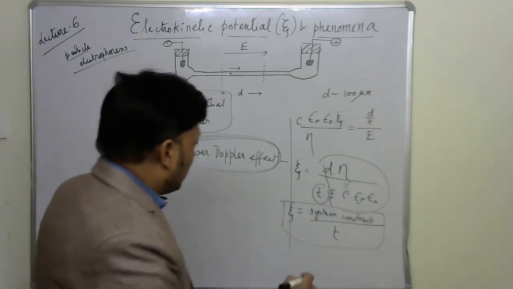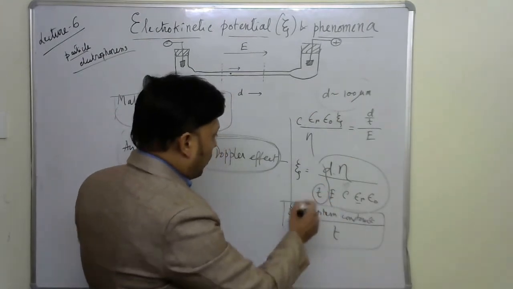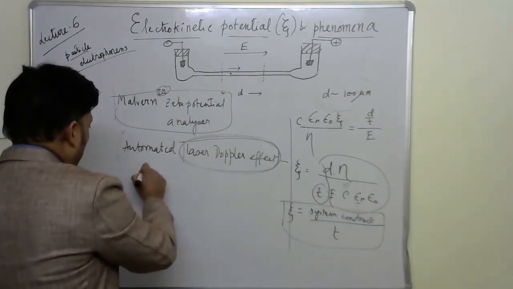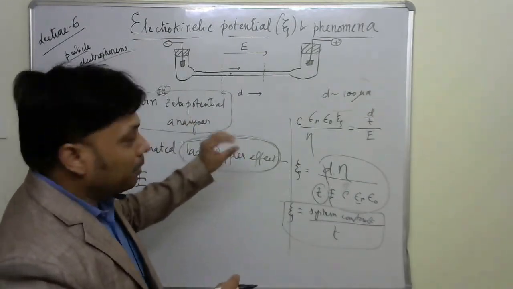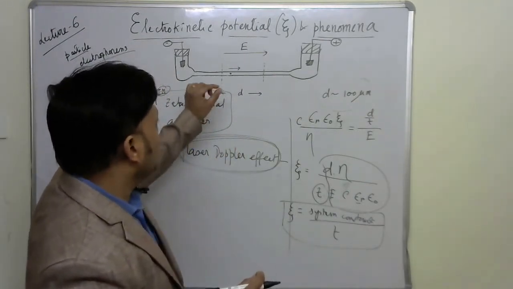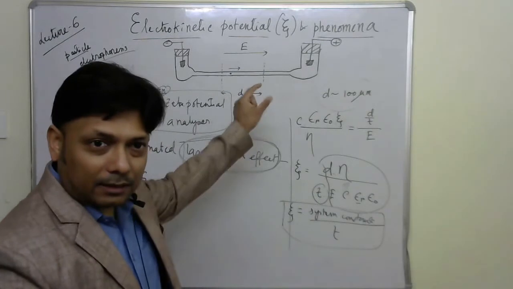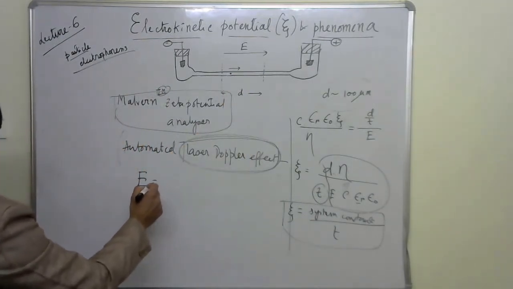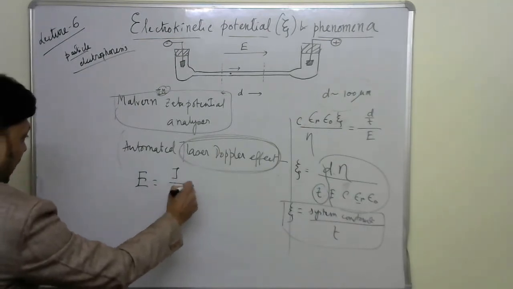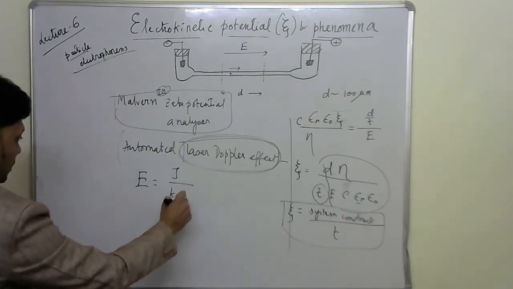And so in this working principle, the one thing is how to know E. So remember, E cannot be directly measured because E is the field experienced by the particle at that condition. So there is a formula, okay, by which E can be measured.